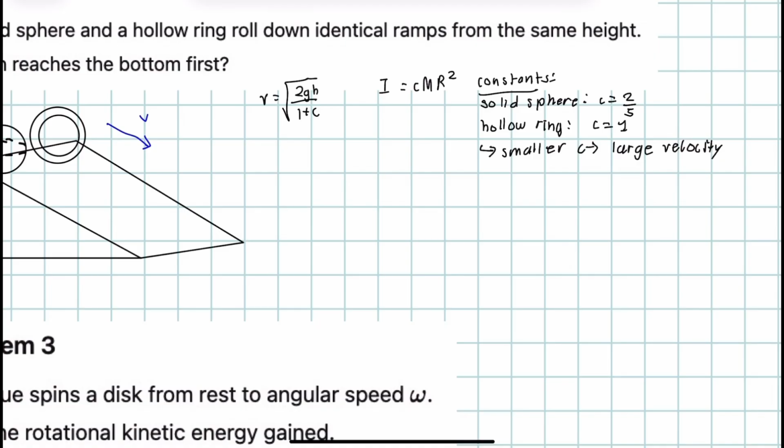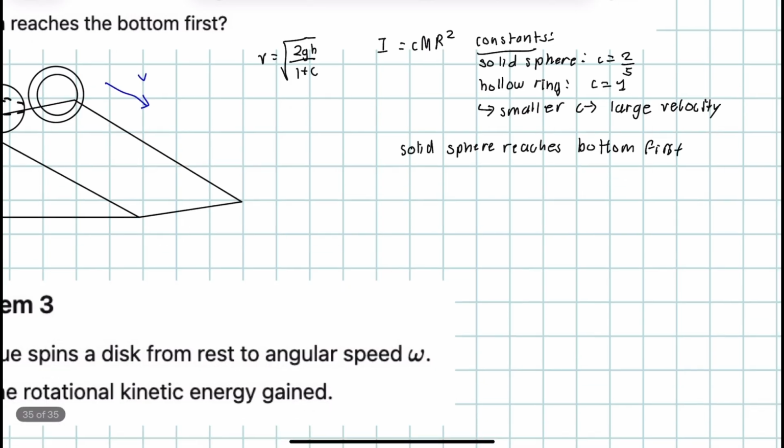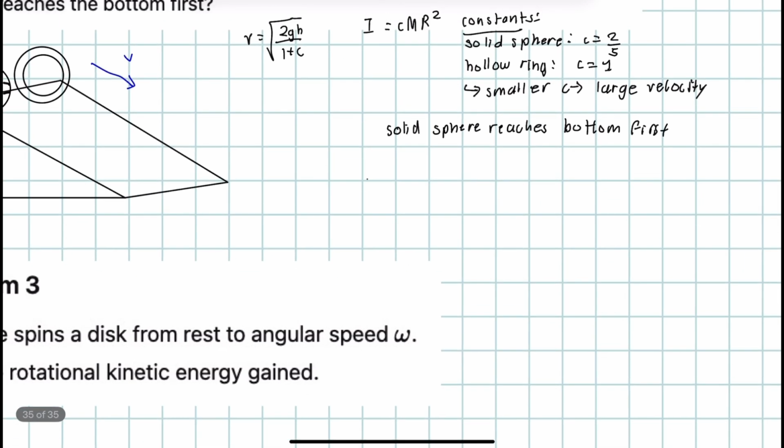So from this we can deduce that the solid sphere reaches the bottom first. And this is because the mass cancels. So therefore the shape matters over the weight.